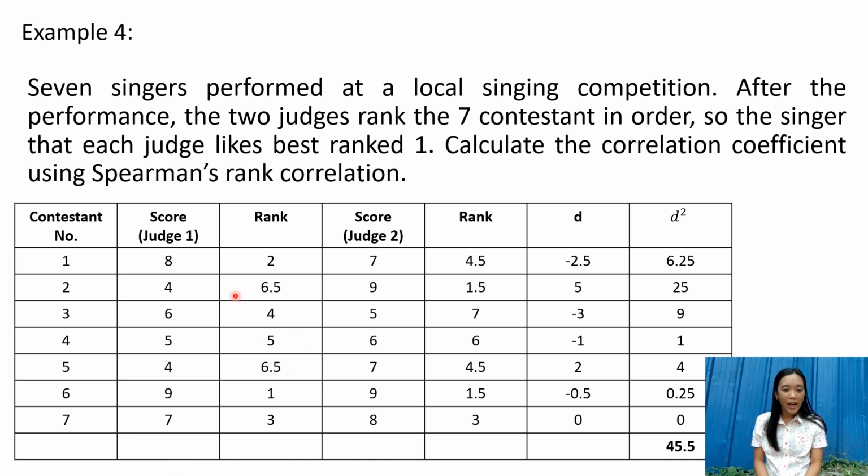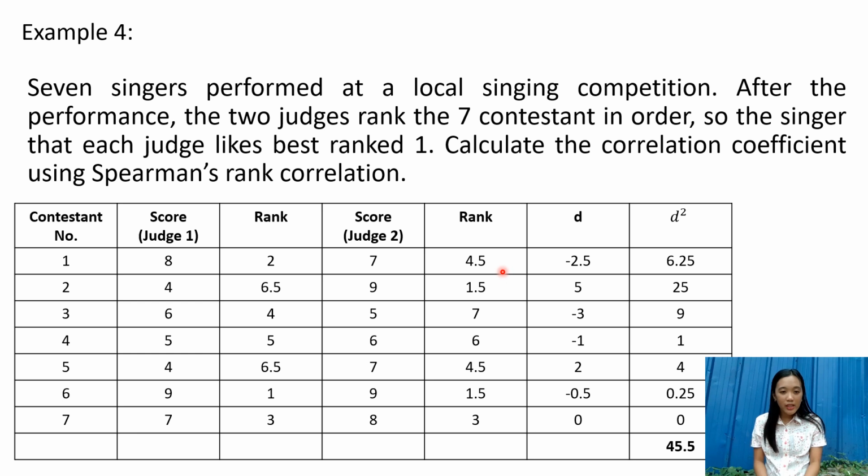We can see that the first judge gave 4 points to both contestant number 2 and contestant number 5. And the second judge gave the score of 9 to both contestant number 2 and contestant number 6.